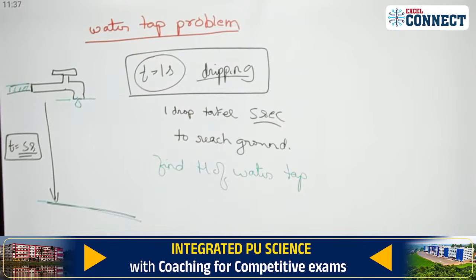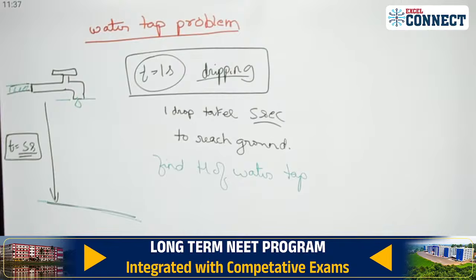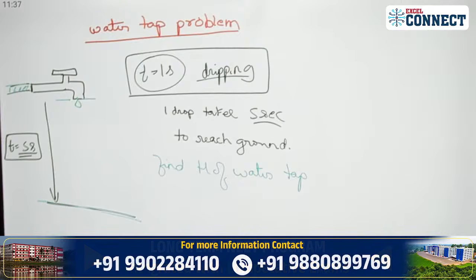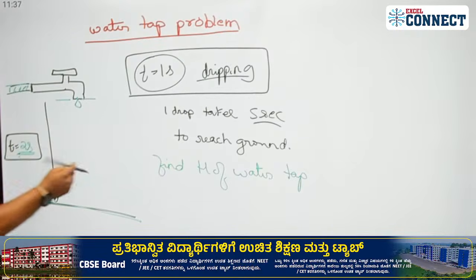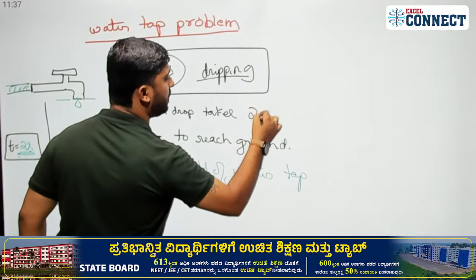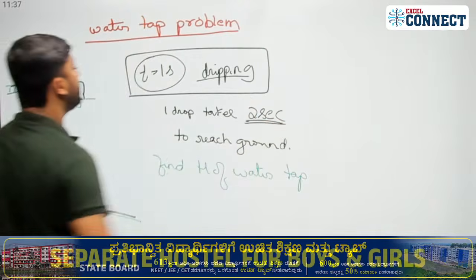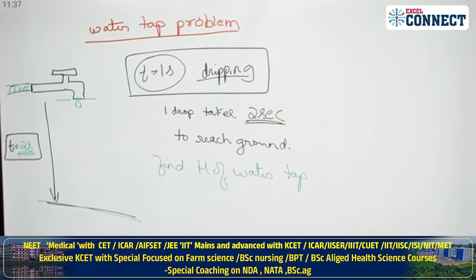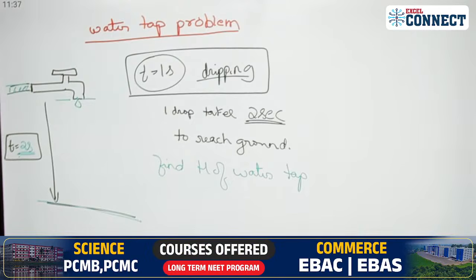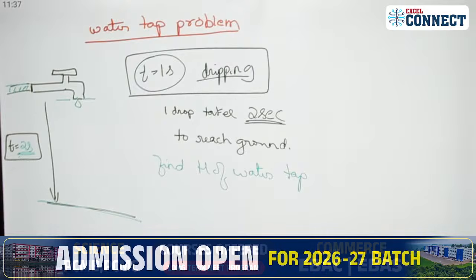Or let us decrease the value here. It will take 2 seconds. One drop takes 2 seconds to reach ground. Find the height of water tap.